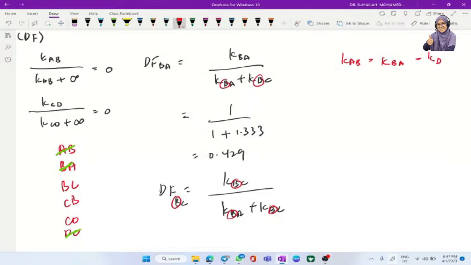For BA here, because AB and BA are equal, so we use KAB. So KBC is 1.333 divided by 2.333, and we get 0.571.